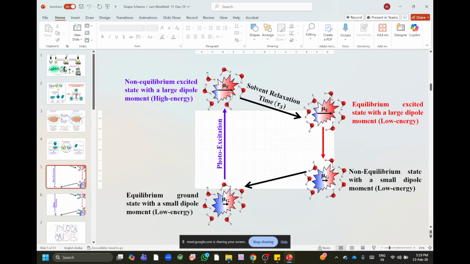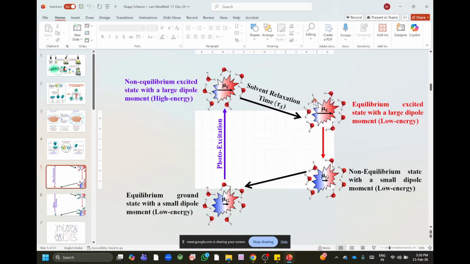So this solute molecule, whose dipole moment has changed upon photo excitation, is going to generate a reaction field, which means it will induce some force or induced dipole that will force the water molecules around them to reorient themselves to stabilize this excited state. This reorientation will take time, of course.